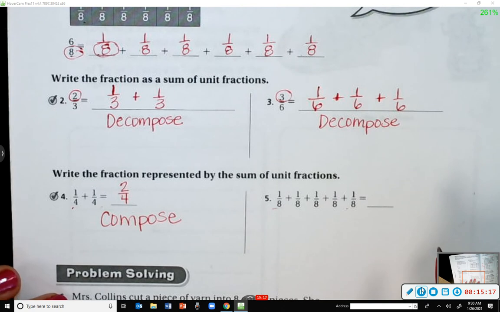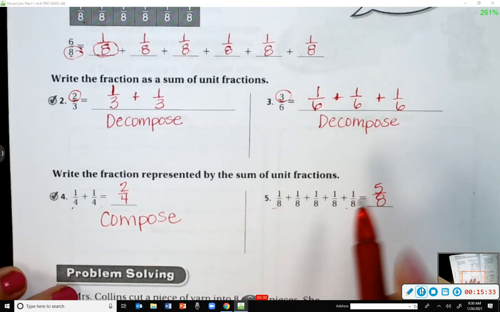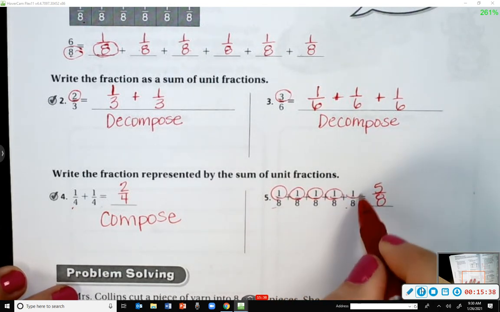So what would your answer be, class? Let's try that again. We're going to do it all together, and when I say what is your answer, class, then you respond. What did you get, class? 5/8. There you go, 5/8. And we do that because all we do is count 1, 2, 3, 4, 5.